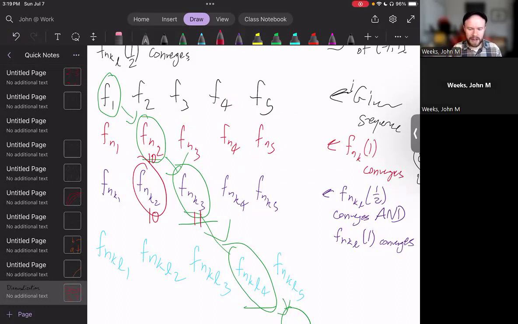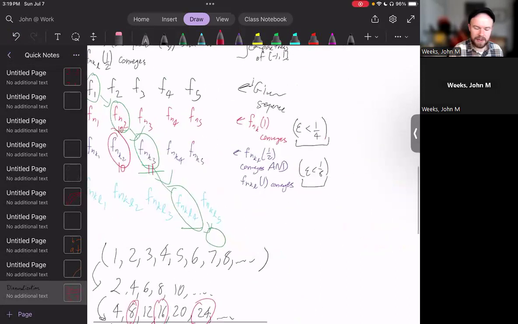So notice that as I continue to go down the subsequence, our goal with each of this is to see that when I consider what's happening at each of these stages, I am continuing to, by our construction of these subsequences, have these functions converge at the original points and all previous points.